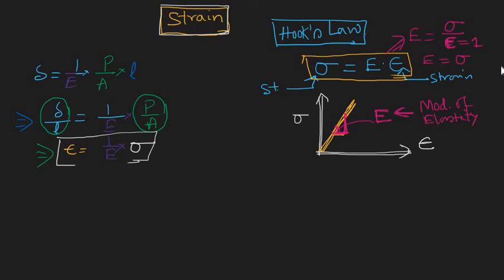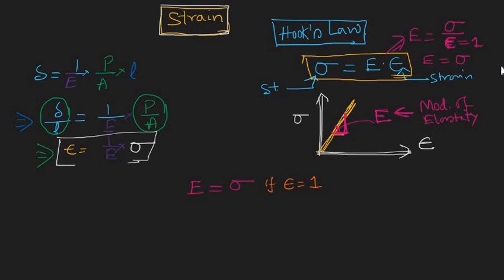So this is E, which is equal to sigma if our strain is equal to 1.